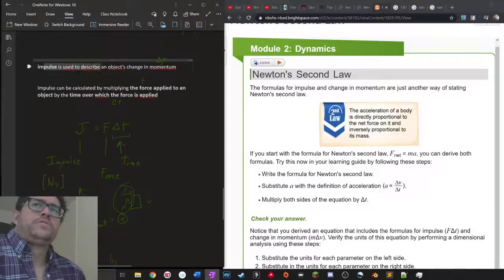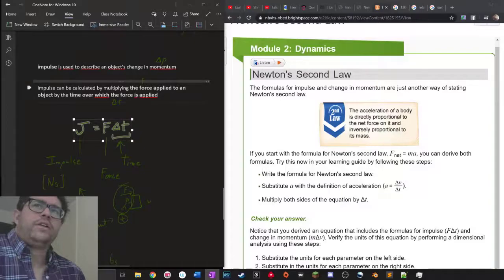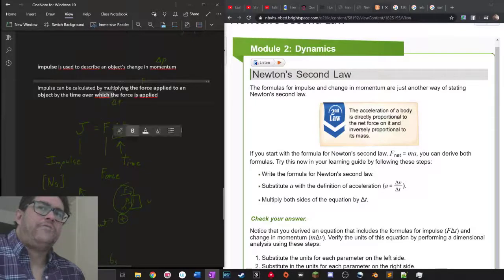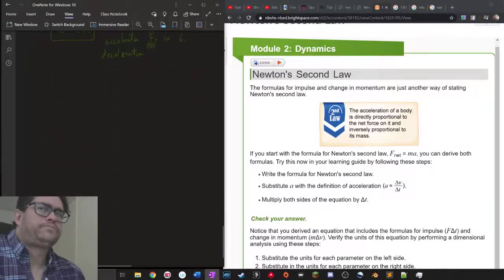So if impulse is used to describe a change in motion, which we are not quite sure how yet, let's take the original formula here, from which we can calculate impulse, and derive it, especially using F equals ma instead of F. What happens when we put ma there?